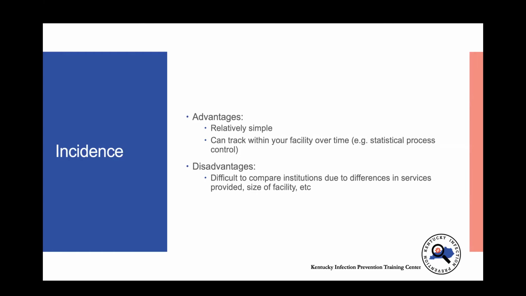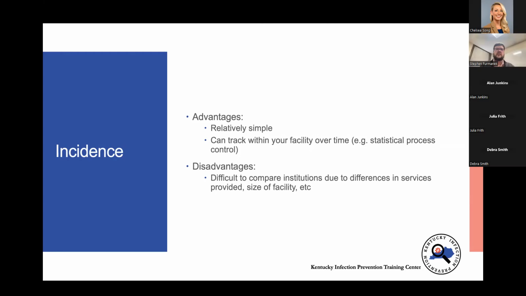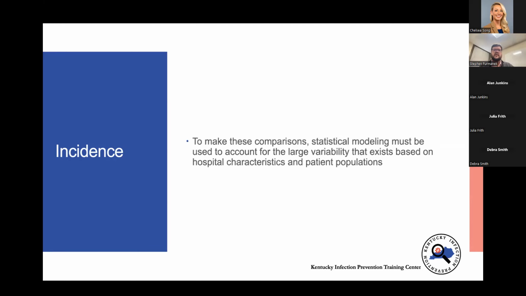There may be several different facilities, even different facility types. That makes incidence hard to use, and you would have to use statistical modeling to account for that, typically meaning you would model the incidence as your outcome and then use those other variables, like facility type, to try and make predictions on it.